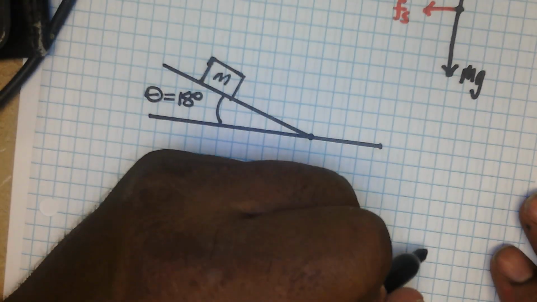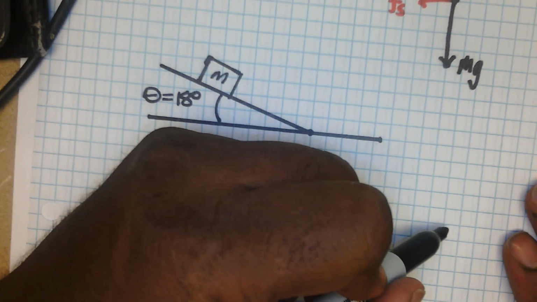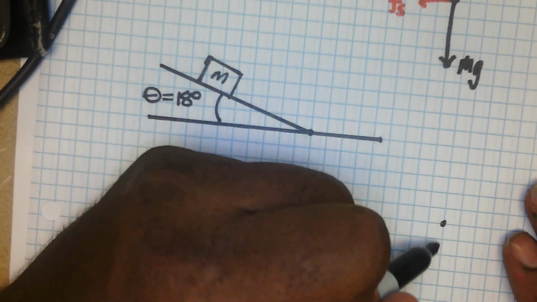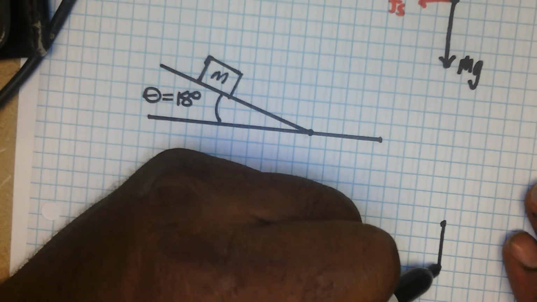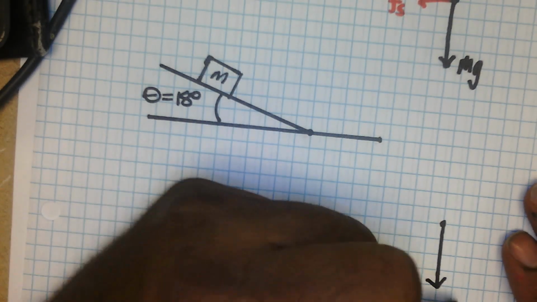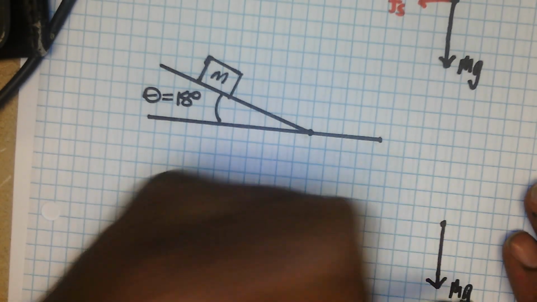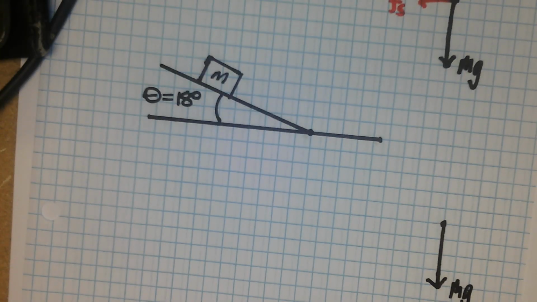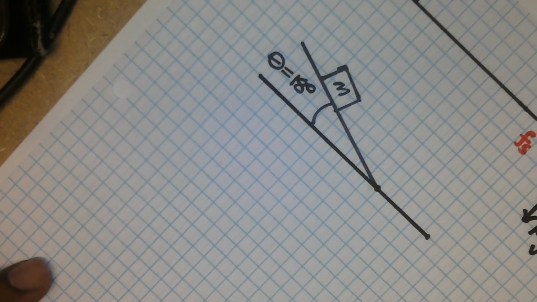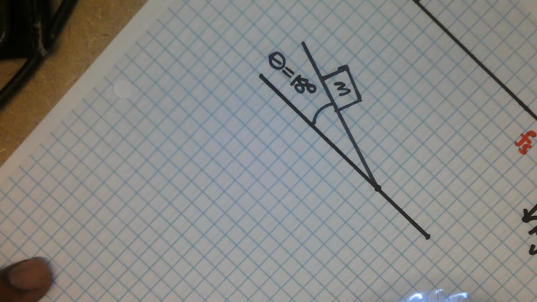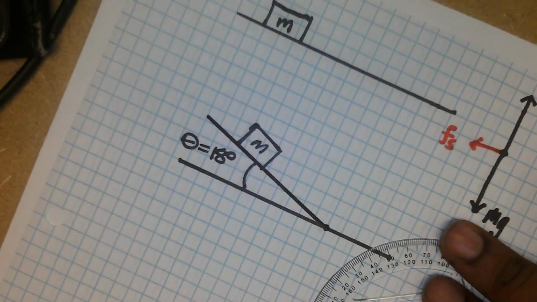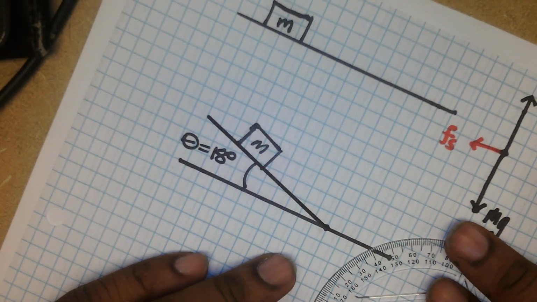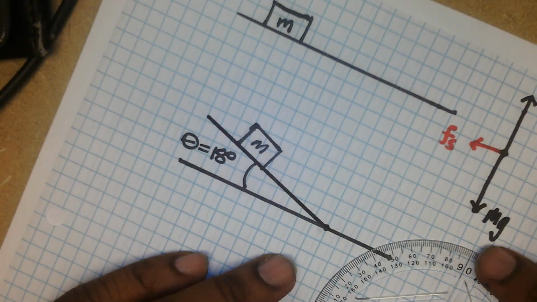Here, that free body diagram, we said that we got 1, 2, 3, 4 down. That's mg. Same mass, same number of boxes. Now, here's what we got to do. We got to say 18 degrees this way.